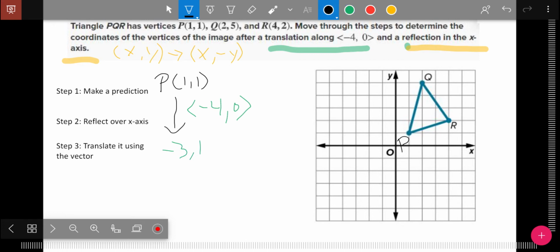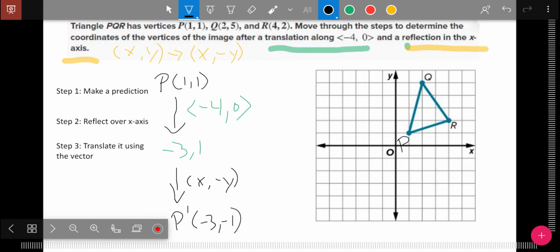Then it's going to go through the change of (x, y) becomes (x, -y) from the reflection in the x-axis. And so my new point P is now (-3, -1).